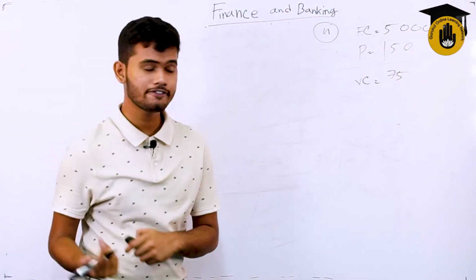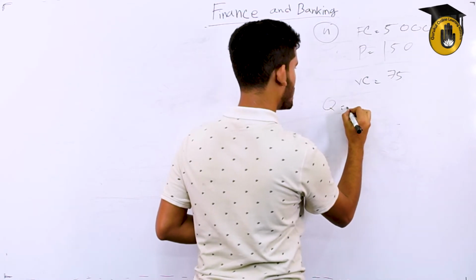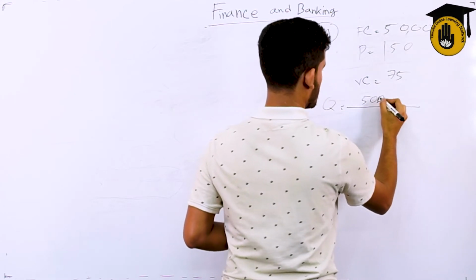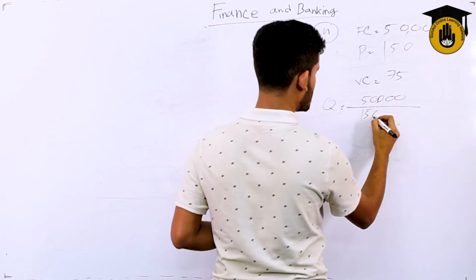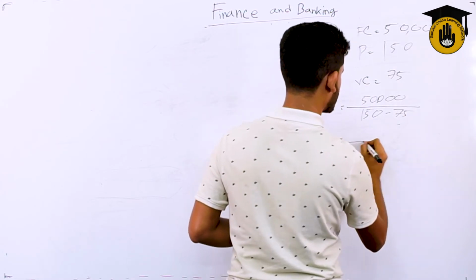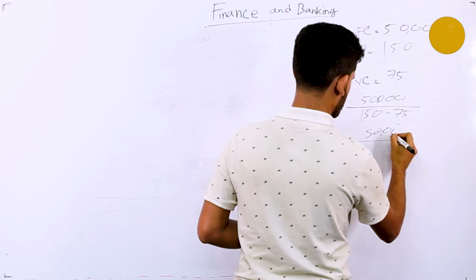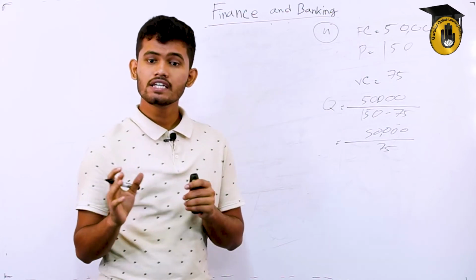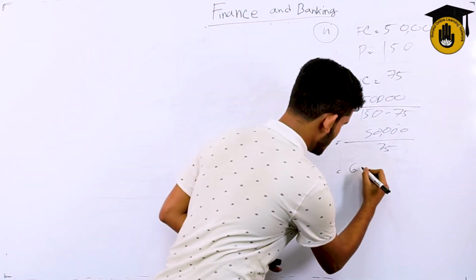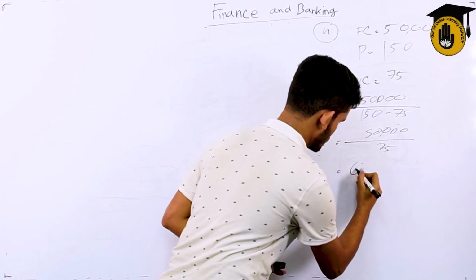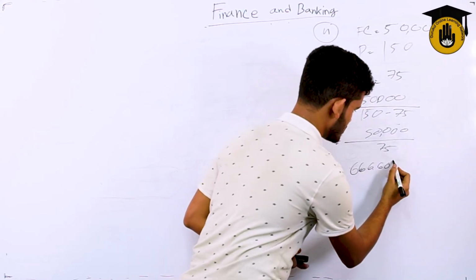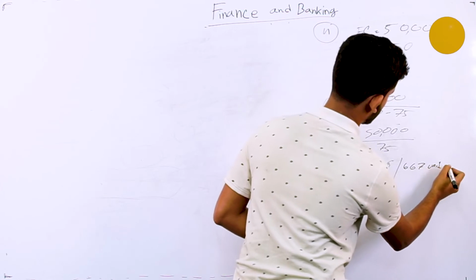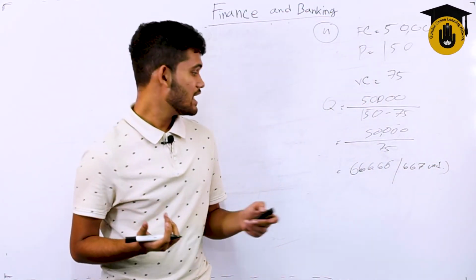So let's put down all of these together within the normal break-even point formula. 50,000 divided by 150 minus 75, so 50,000 divided by 75. We will get 666.66. It's normally considered as 667 units.